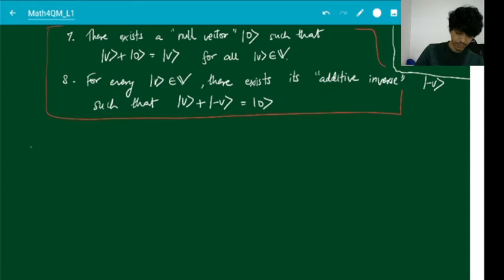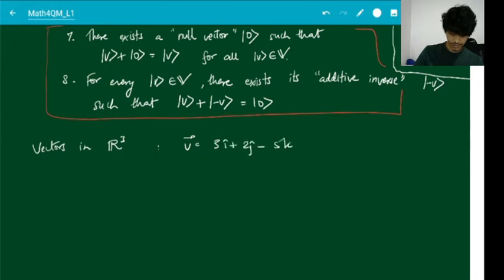So again, think of these in terms of the vectors in 3D. So you're used to seeing vectors in 3 dimensions, or what we call R3, so 3 real axes, and over there you're used to seeing some vectors which might look like 3i plus 2j minus 5k, something like that.